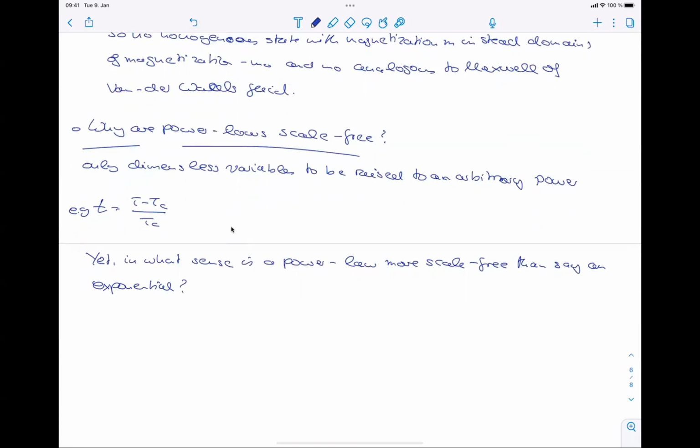So let's consider we have one function where we're raising a variable, like a length scale that we normalize by a typical length scale of a system, to a power, and we compare this function versus f2, where we're looking at the exponential of, again, a variable of dimension length normalized to make it dimensionless by a typical length scale of the system.